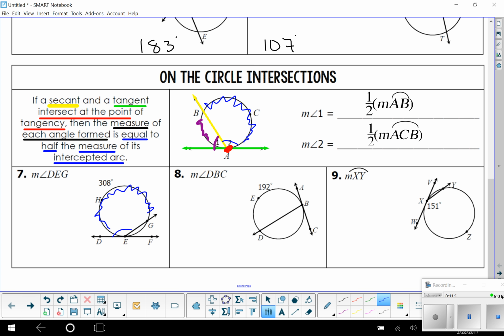So the measure of angle DEG, sorry you guys, I'm using my finger at this point, so it's a little difficult, is going to equal 1/2 the arc, which is 308, which is going to be 154. When we're looking at number 8, the answer is going to be 84. We're looking at 9, the answer is going to be 58.